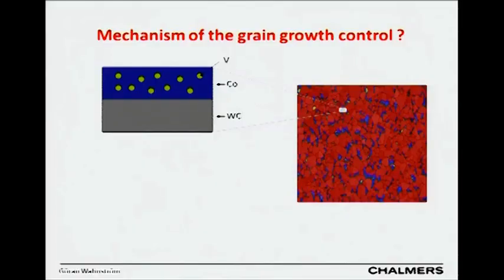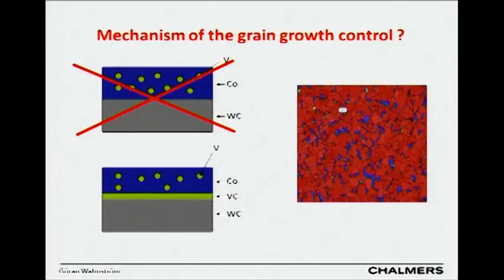And that is due to, and this is a bit of a theoretical claim, but there is quite strong experimental evidence now. If you look at those interfaces in the material, particularly at the sintering temperature, you don't have a very clean situation. The claim is that you have a very thin film produced by this vanadium.